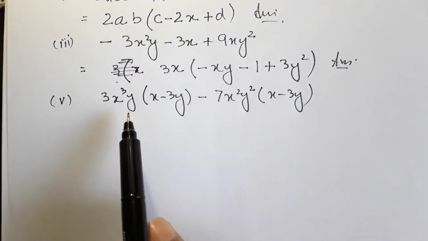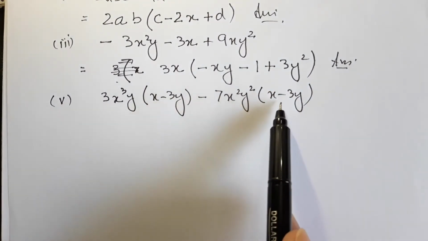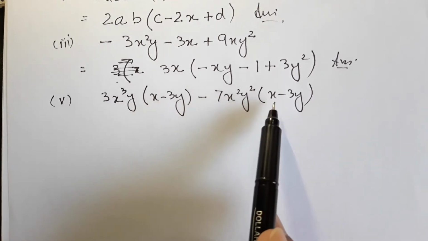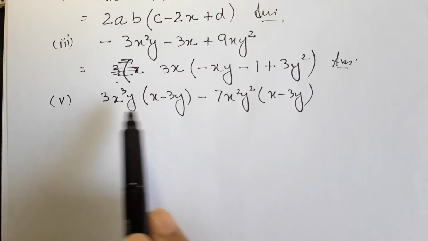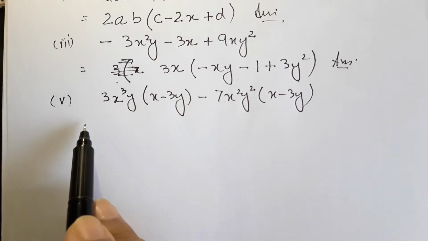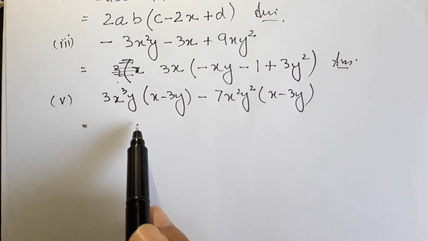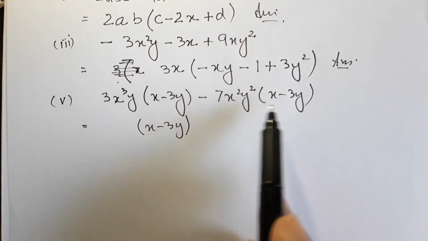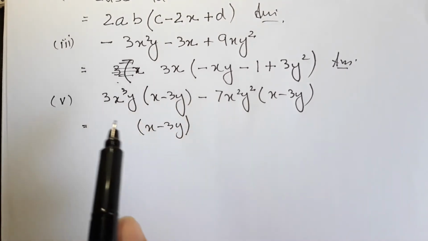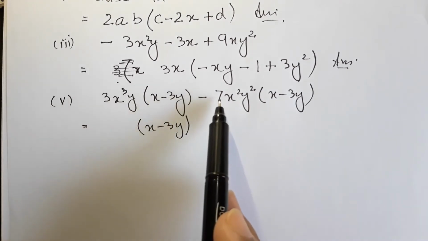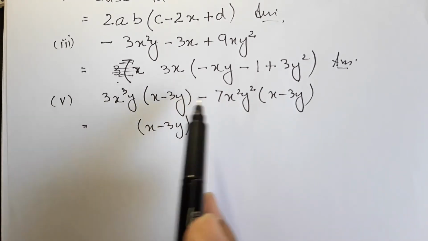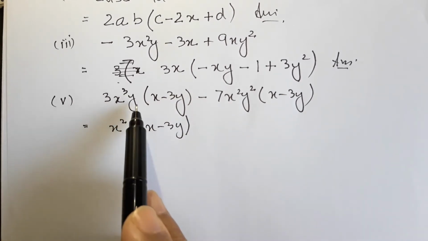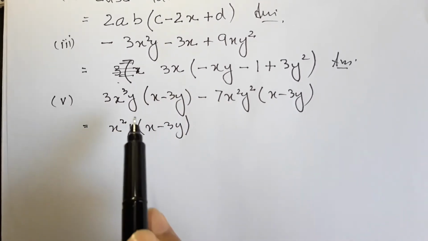There are two terms having brackets with them. So first of all, we will take common from the brackets and also from the multiples. x minus 3y is common among the brackets because both brackets are the same. 3 and 7, there is nothing common between 3 and 7. x cube and x square, x square is common. y and y, y is common.